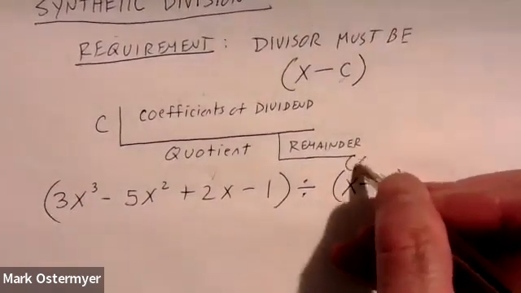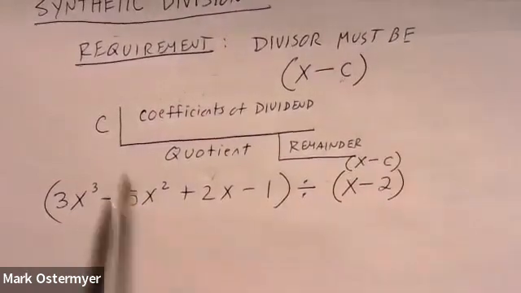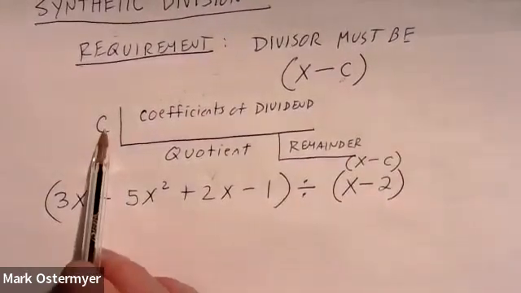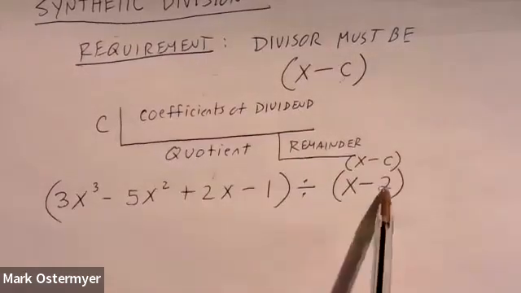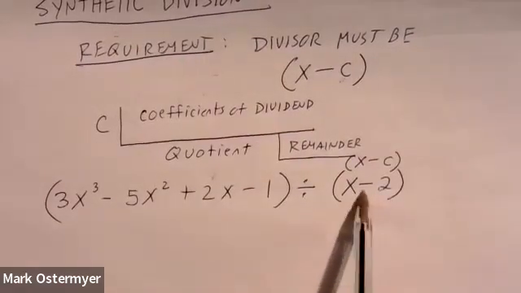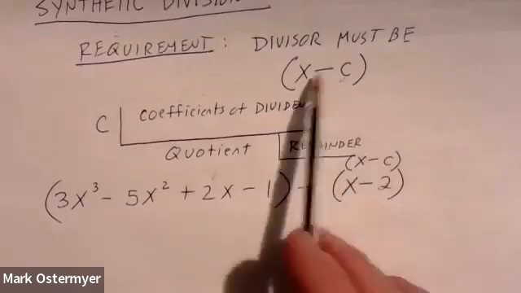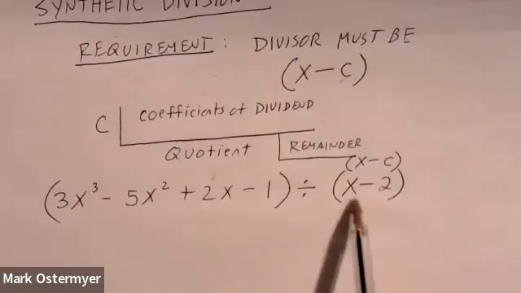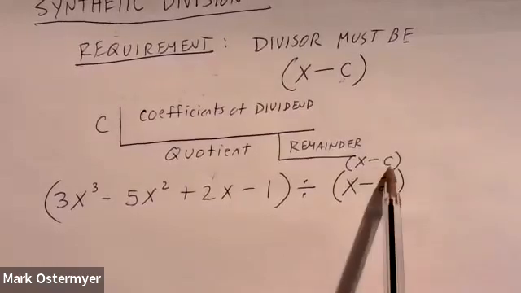Remember, my divisor has to be of the form of x minus c, and the number I divide into the coefficients of my dividend must be that number c. So what am I going to divide in? What number do I divide in? Do I divide in -2 or +2? -2. No, no, positive. Yeah, it's +2 because my divisor is of the form of x minus c.